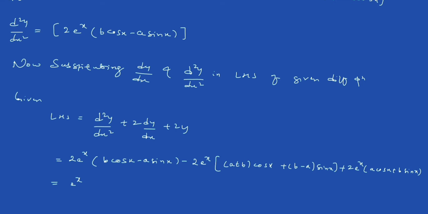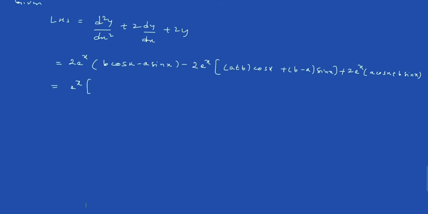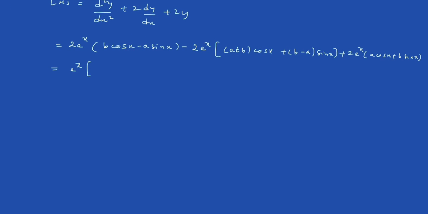e to the power of x. So now which can be written as 2b cos x minus 2a sin x. If you multiply 2 inside, what we get here? 2b cos x minus 2a sin x.